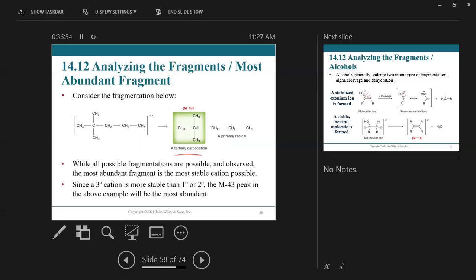Let me get my calculator out. So they're wrong actually right here. It should be 43. It should be, let me see, 6, 9. This would be 57.